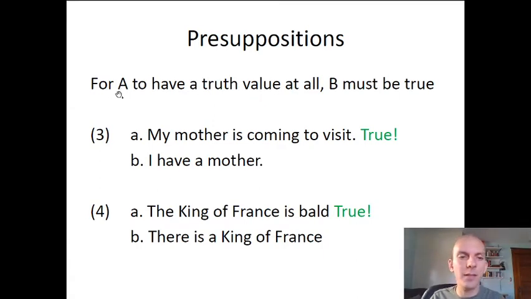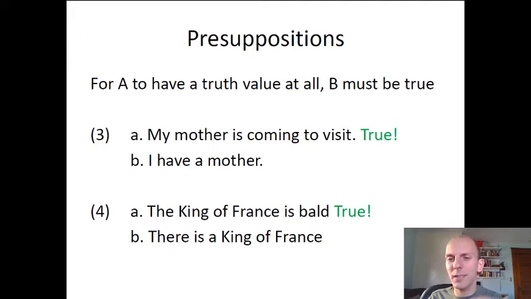The definition here is: for A to have a truth value at all, B must be true. So if it makes sense to say that A is true or false at all, B must be true. Take a look at these sentences, and I think that will make more sense.